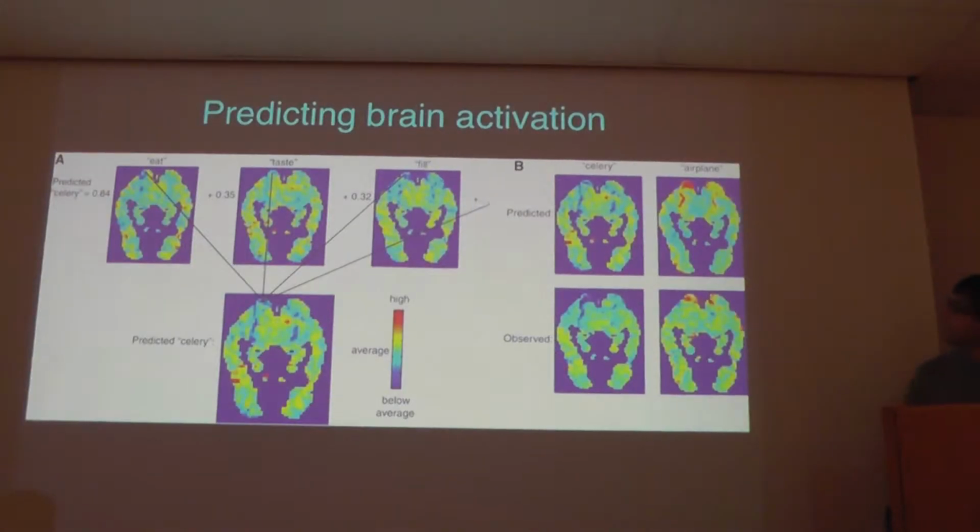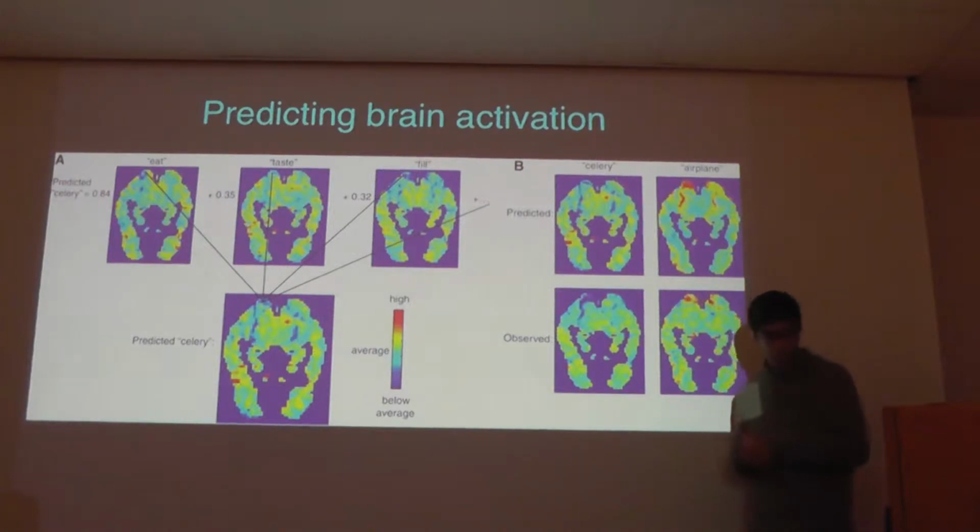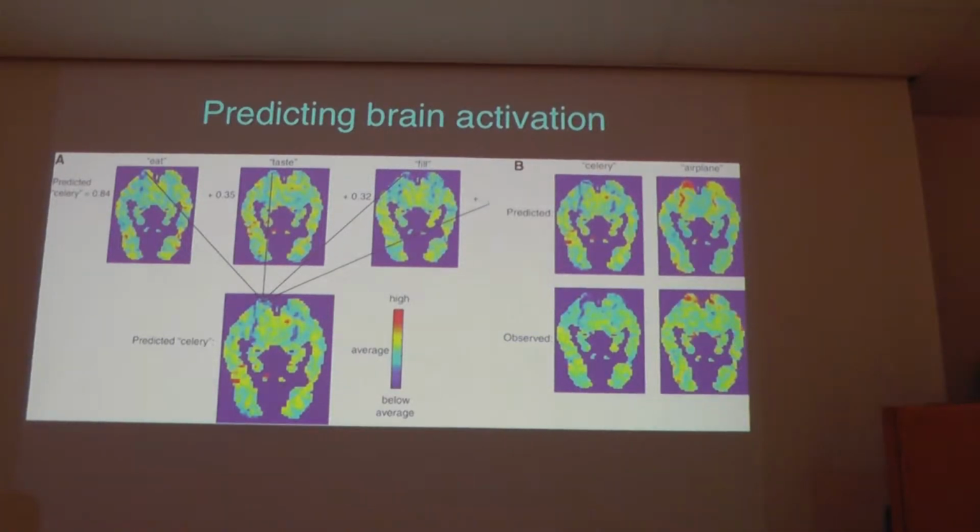So this is what, can you read this text from back here? Okay, so this is how you can use your model of how these different semantic features, namely the verbs, are related to the nouns to actually predict new stuff.